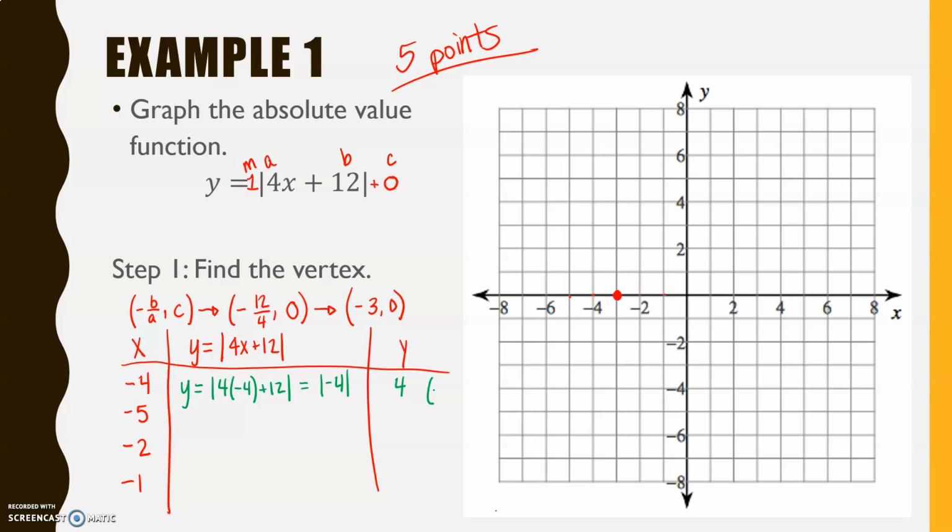If you need a little extra help, let me know, and I'd be happy to go over it with you. Plugging in negative 5 would give me negative 20 plus 12, which would give me negative 8. Absolute value is positive. So if I graph those 2 points, I'd get negative 4, 4, negative 5, 8.